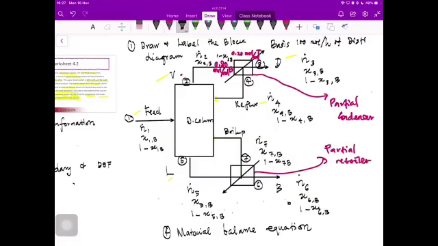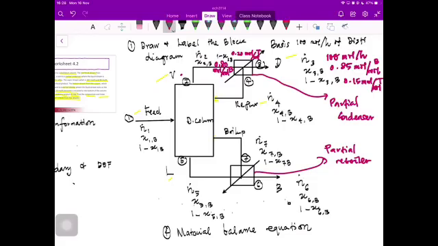So we're going to label that as N3, which is 100 mole per hour. And then our X3B is 0.85 mole per mole of B, right? Then that leaves the toluene to be 0.15 mole per mole of toluene.